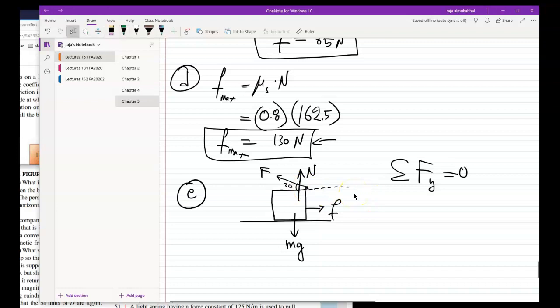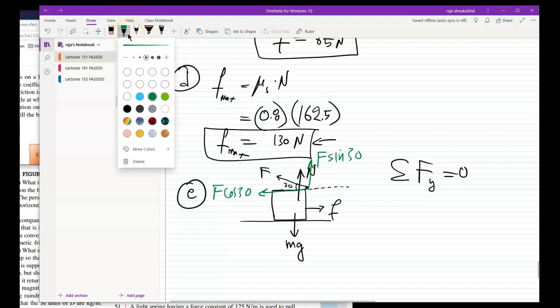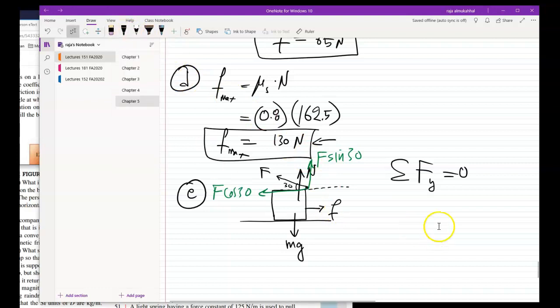One component like that, this is F sine 30, and then another one right there, F cosine 30. See that, guys? If I want to do the normal, I'm going to be concentrating only on the y coordinates. I have the normal vector right there, the F sine right there, and the mg. That's it.